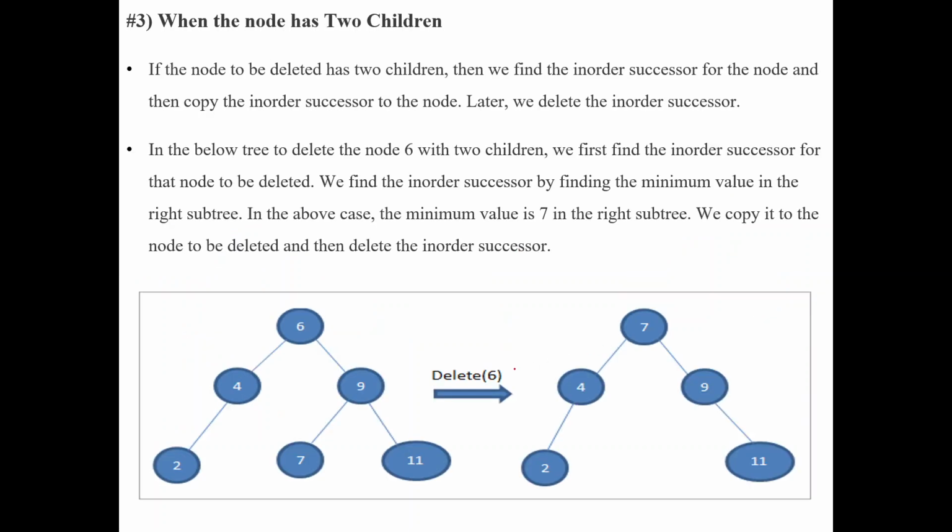If I have two children, then I need to check the in order successor of that node. If I'm going to delete 6, first I need to find the in order traversal of this tree. In order is nothing but left, root, right. First I need to travel to the left subtree. So 2, root 2, 4, then 6.